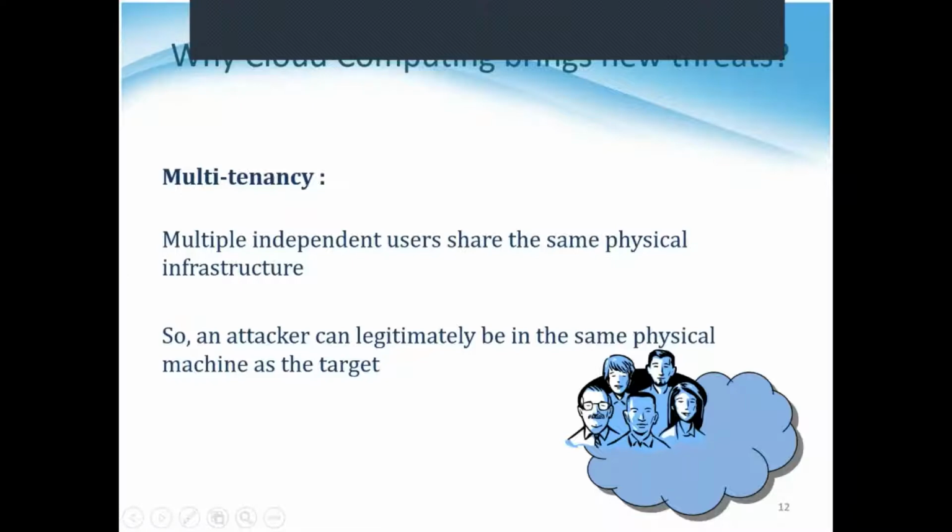Similarly, multi-tenancy is a concept which has the chance of spreading this kind of virus, or any phishing or attacking activity, to the physical machine as a target. It is easy for anyone because millions of users are using the common space.